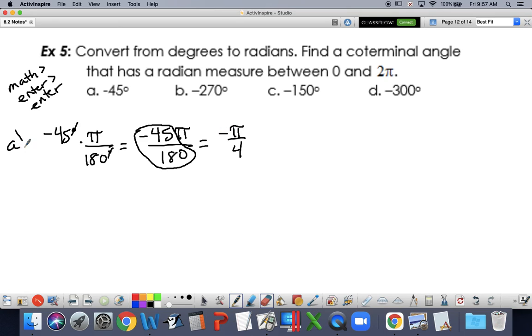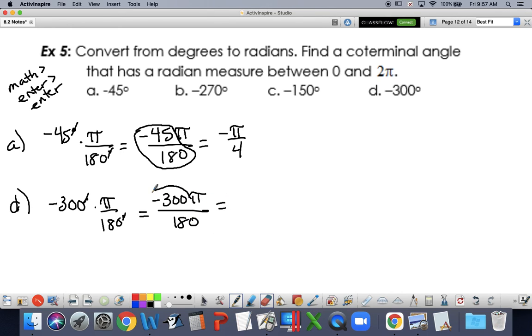Let's try the same. In this case, why don't we jump over to letter D? I have negative 300 degrees. I'm going to multiply by pi over 180 degrees, so my degrees cancel out nicely. I get negative 300 pi over 180, and I just need to figure out how this fraction simplifies down.